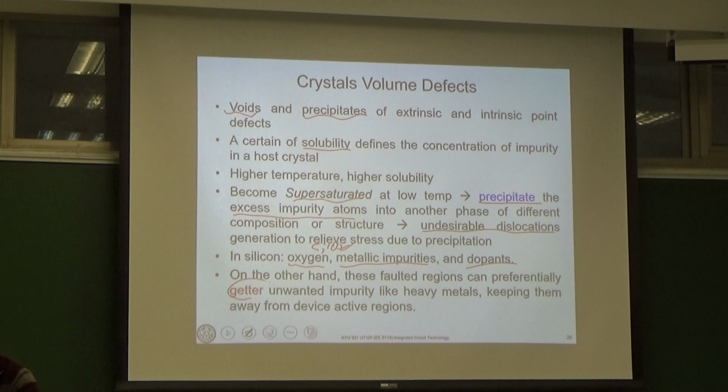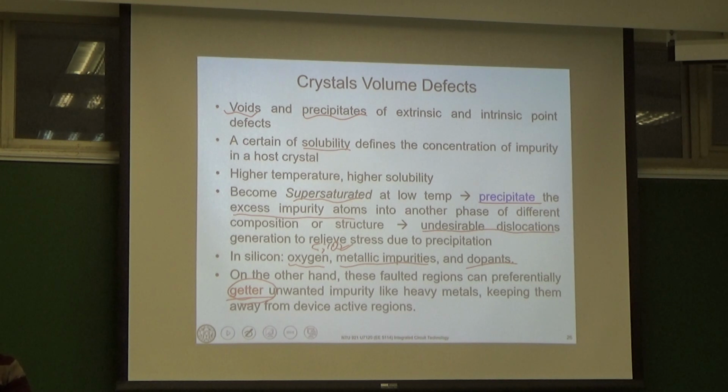This scattering process, because those defects tend to, or prefer to, get together. So if you have this volume defect in your materials, it will draw or attract those heavy metals to those areas.